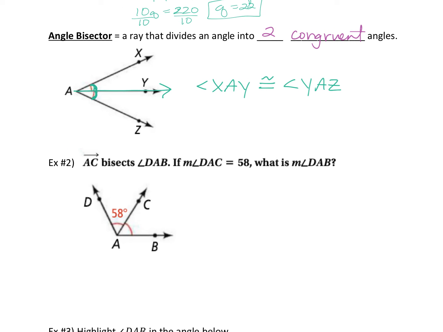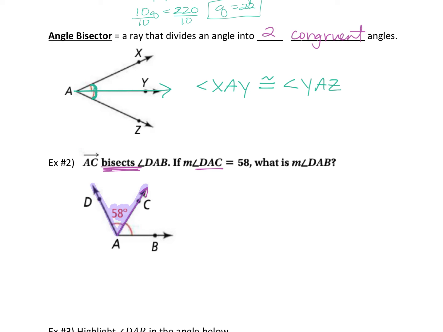Okay, now, knowing that, I fully believe that you can all figure out the answer to example 2 here. It says AC, so this ray, bisects. What does it mean to bisect? Cut in two equal parts, right? Cut in half. So if the measure of angle DAC, here's DAC, the measure of angle DAC is 58.